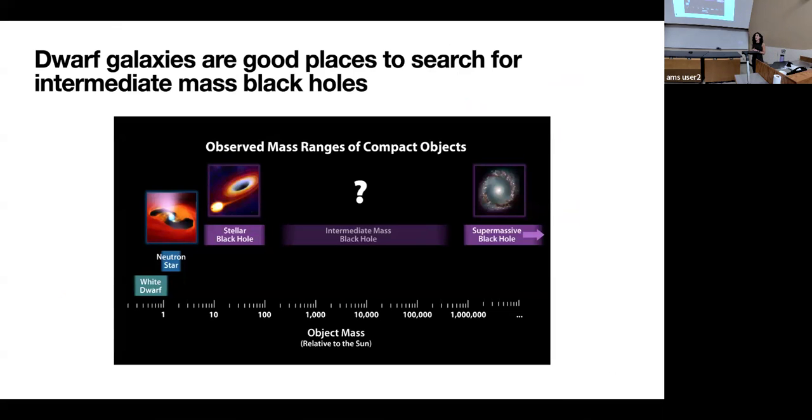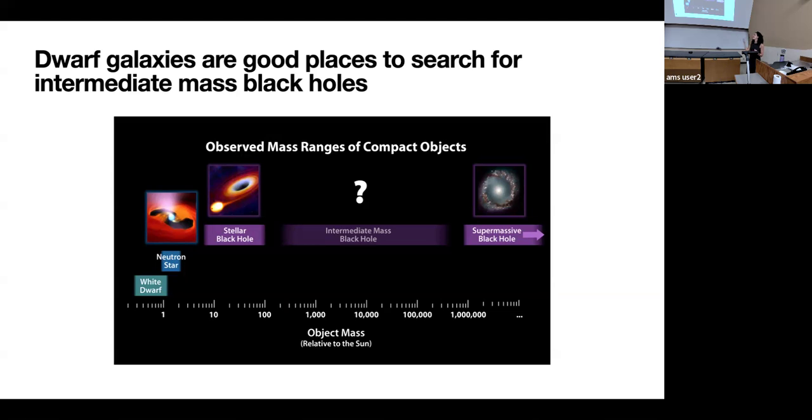Additionally, dwarf galaxies are really good places to search for intermediate mass black holes. Up until now, I've been talking about supermassive black holes, which are black holes upwards of 1 million times the mass of our sun. We also have stellar mass black holes. These form when massive stars die and undergo supernova explosions.